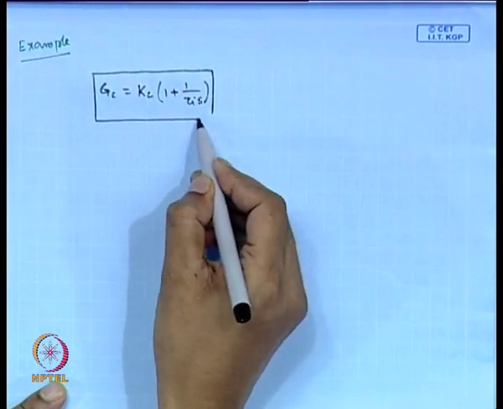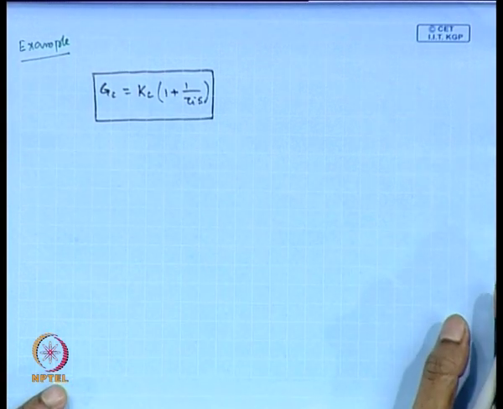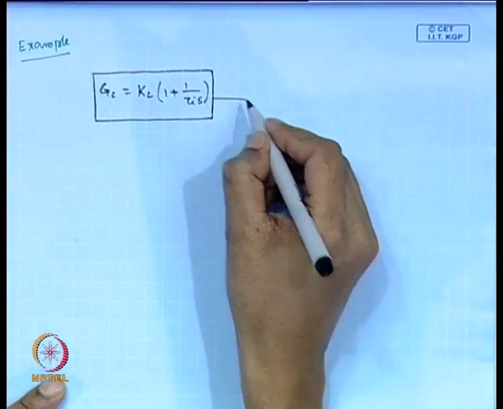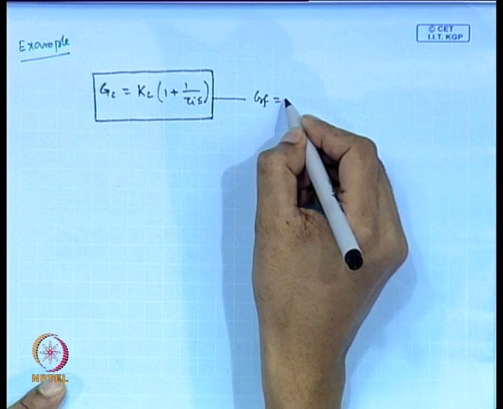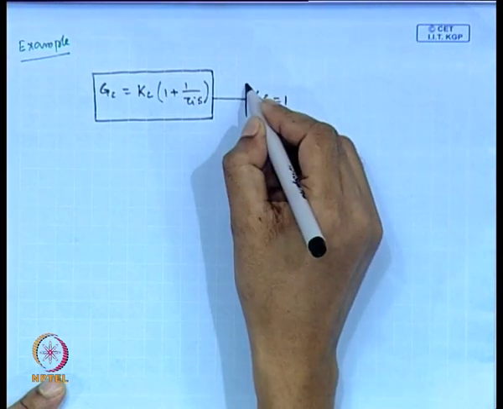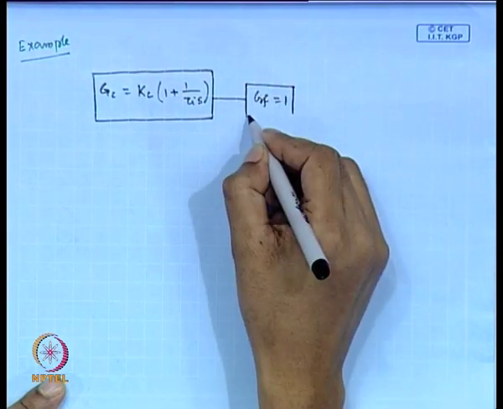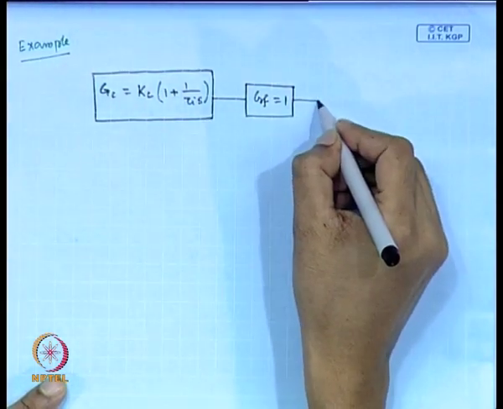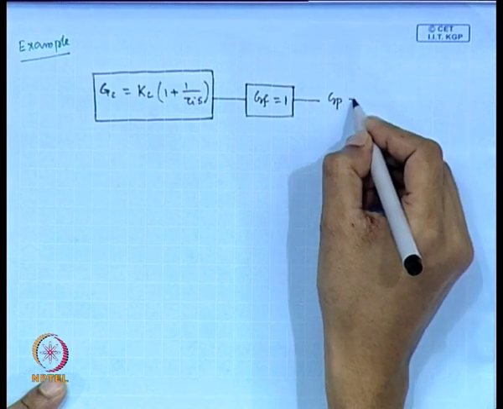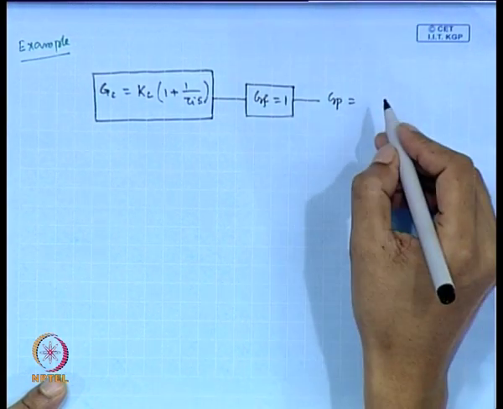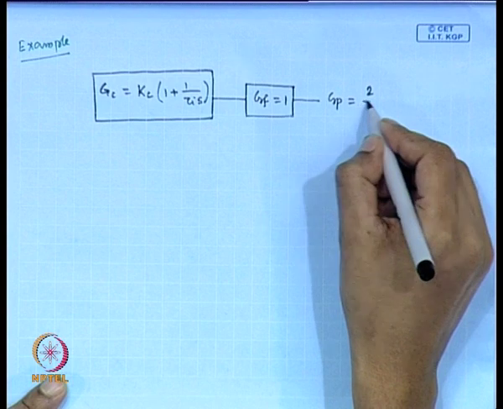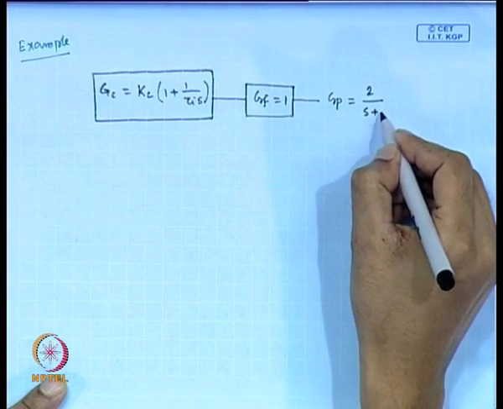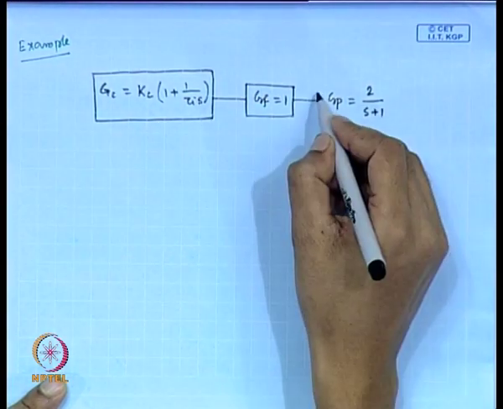This is the controller block. For simplicity, we are considering Gf equals 1. The transfer function of the process has this form, Gp equals 2 divided by s plus 1.